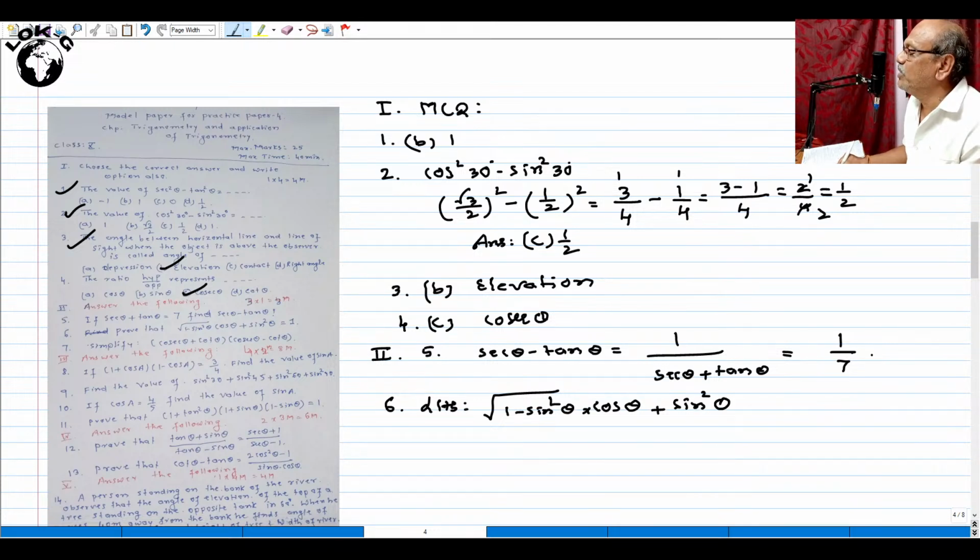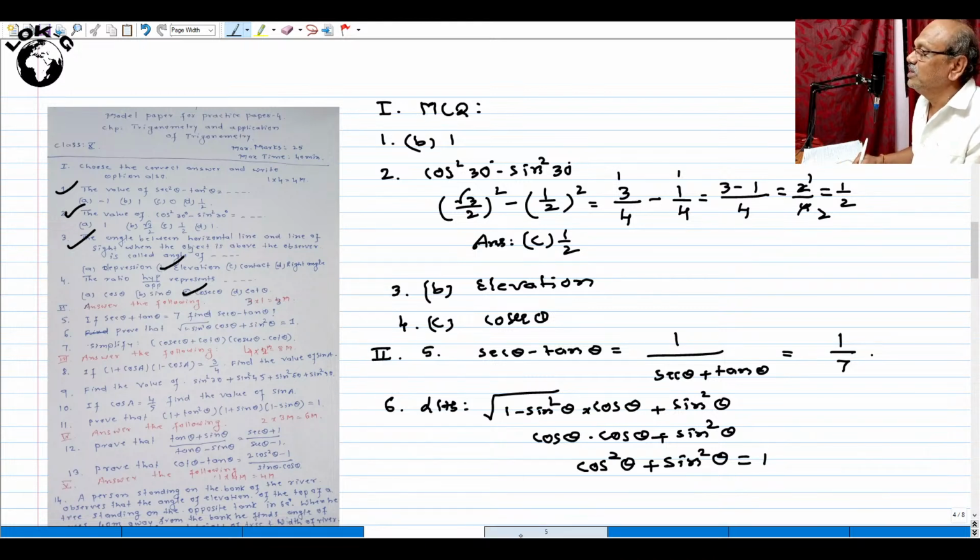You can observe that root of 1 minus sine square theta is cos theta. Cos theta into cos theta, plus sine square theta. Very simple problem. Cos theta into cos theta is cos square theta plus what? Sine square theta. Recall the identity: cos square theta plus sine square theta is 1. If you solve this much, it is sufficient.